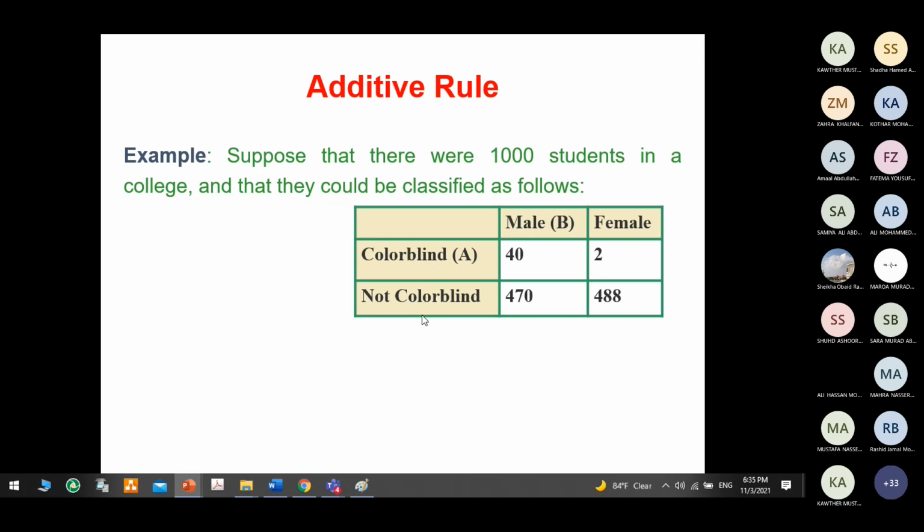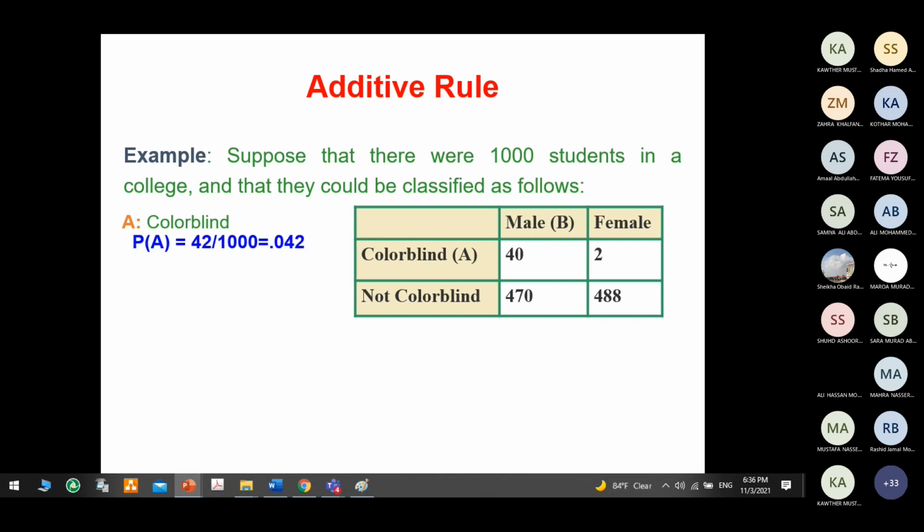The others remaining are non-colorblind, these are 470 plus 488. Now, let me summarize. I have 1,000 students and 2 events. Event A is the colorblind students. Event B is the male students.